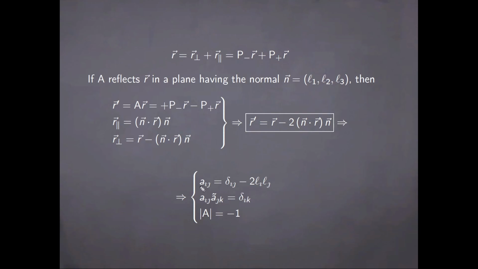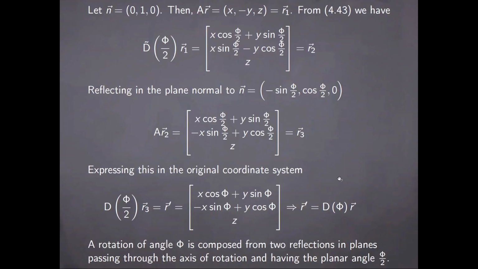And then you can see immediately that this matrix is indeed orthogonal. However, it is not proper, but rather it is an improper orthogonal matrix having the determinant -1. And we can use these ideas to prove a very general and remarkable result.